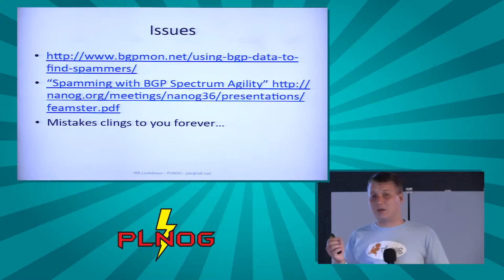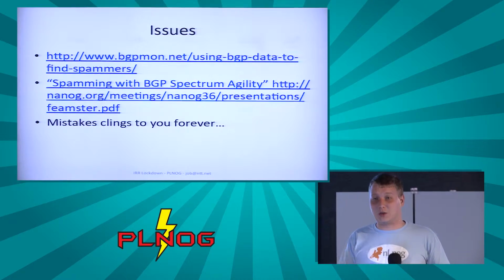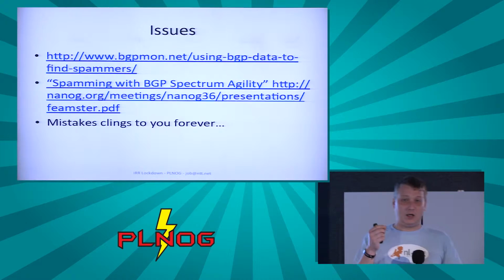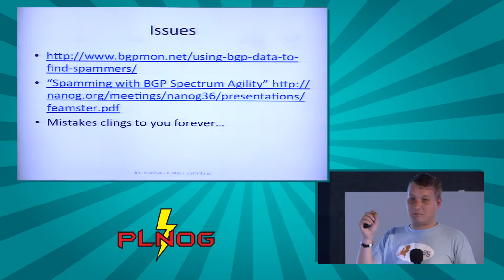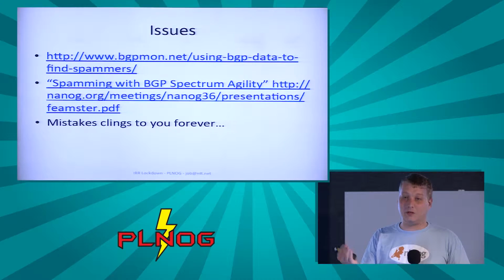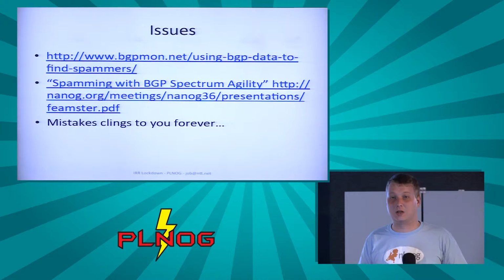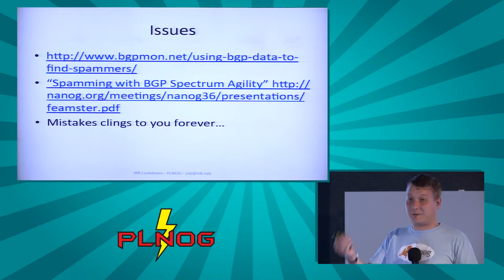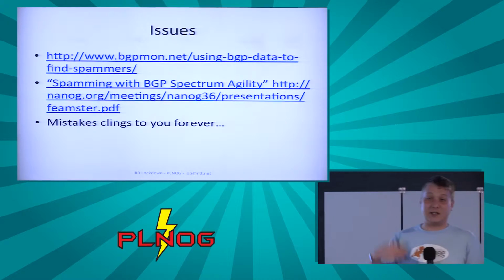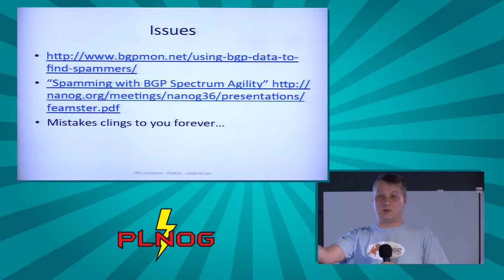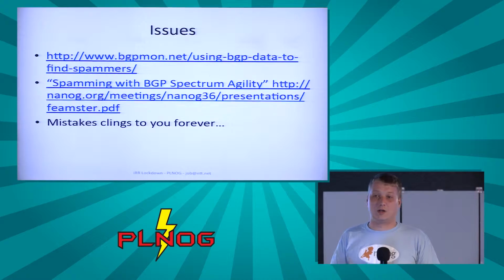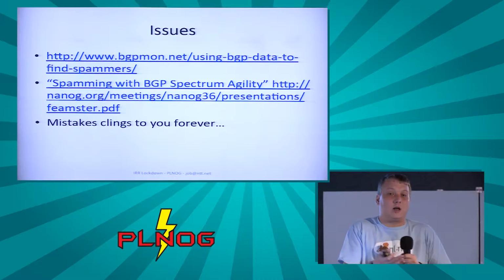If we look at what IRR means in terms of security, there are a few incidents in which spammers would register blocks of unused IP space in RADB or in different databases. The transit providers of those spammers, who didn't know they were spammers, would generate their prefix filters, upload those to the routers based on IRR data, and accept these prefixes that were not belonging to the spammers.